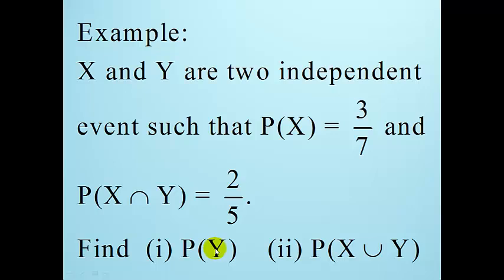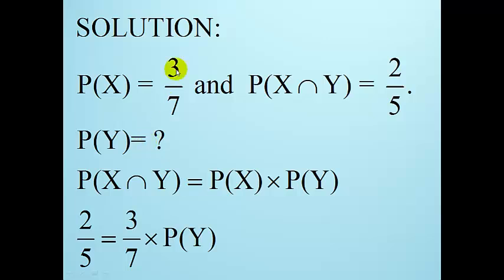Find I, probability of Y, II, probability of X union Y. Take note that we are told that X and Y are two independent events. Now solution, probability of X equals 3/7 and probability of X intersection Y from the question is 2/5, and we are asked to find probability of Y.